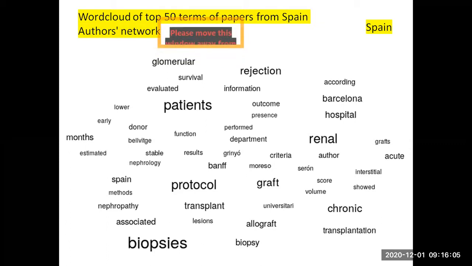There are also other terms like chronic, transplantation, nephropathy, and so on, of medical significance. And this is how we can more or less get a view of the Spanish authors' collaborative work in Banff transplantation.